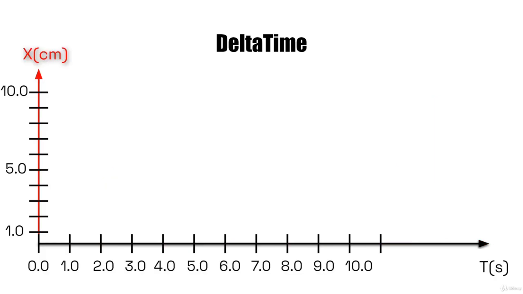Now here we have a graph where the horizontal axis represents time and the vertical axis represents the X coordinate of our actor.